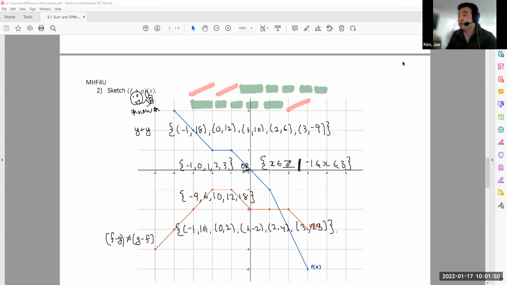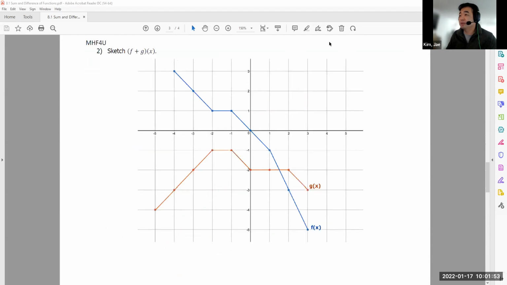Here we go. What does this look like graphically? Well, I think you ought to be able to figure it out, but just in case, let's do this. F of x is blue, g of x is red, but notice how f of x sort of stops abruptly at -4, whereas g of x continues on.